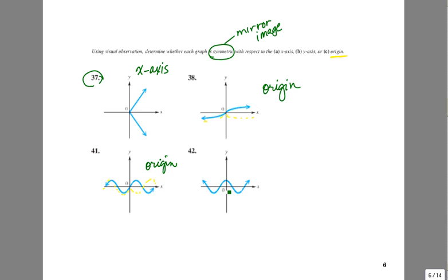Well, x-axis, hopefully you can see that's not, because if you fold it along the x, you would have this here. But if you fold it along the y, notice that those pieces are going to lie on top of each other. If I fold this piece over, that's going to lie on top of this. So this one is symmetric with respect to the y-axis.